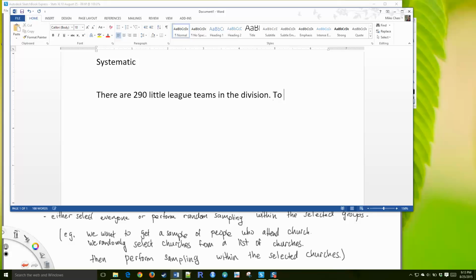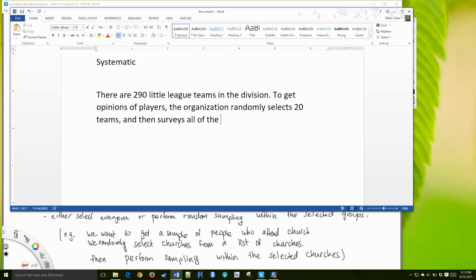To get opinions of players, the organization randomly selects 20 teams and then surveys all of the players on each of the 20 selected teams.